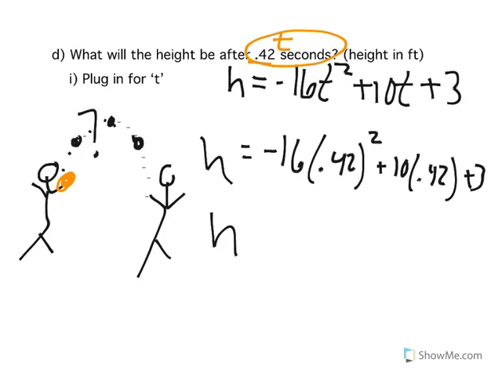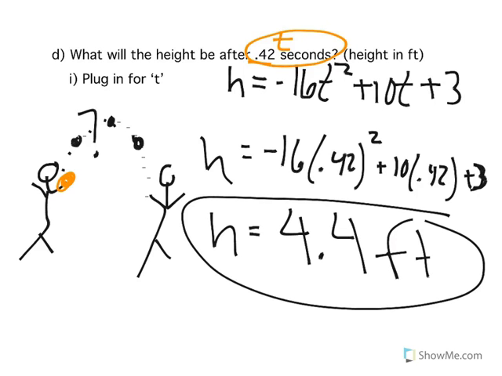And this is going to give us the height. You're just going to plug that all into your calculator. Make sure you use parentheses wherever there are parentheses. Once you plug that into your calculator, you should get about 4.4. Now this is a height, so it's 4.4 feet. So after 0.42 seconds, it's going to be 4.4 feet high. So somewhere up here at 4.4 feet.